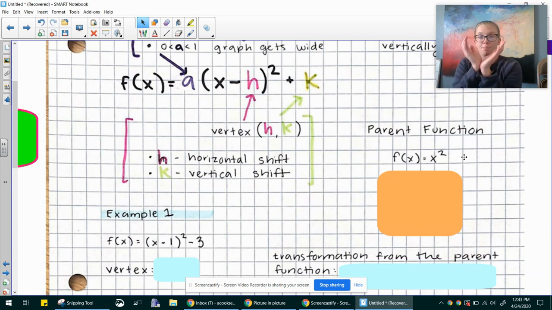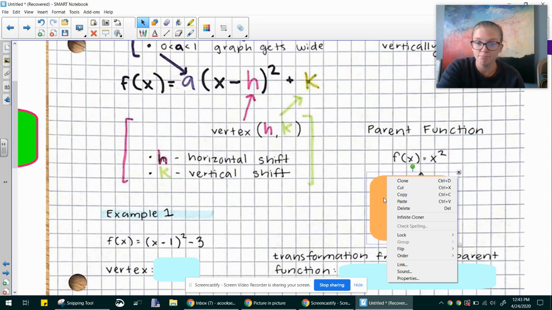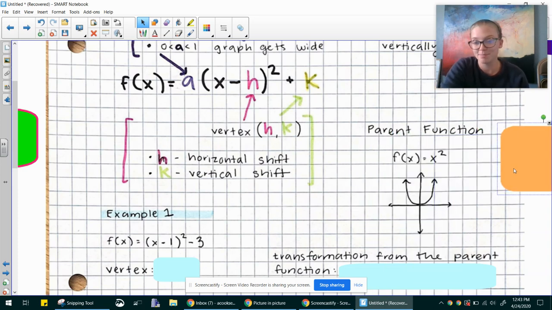It's opening upwards because it's not negative, and it's not particularly wide or particularly narrow. It's just a regular quadratic, and it will look approximately like this. This is the parent function of a quadratic. When we are talking about horizontal shifts and vertical shifts, we are talking about moving this quadratic function to the right and left, or up or down.